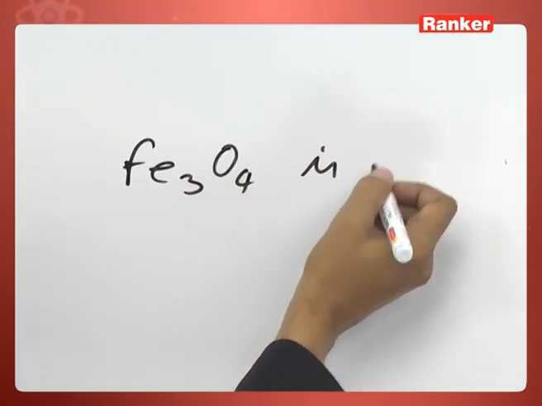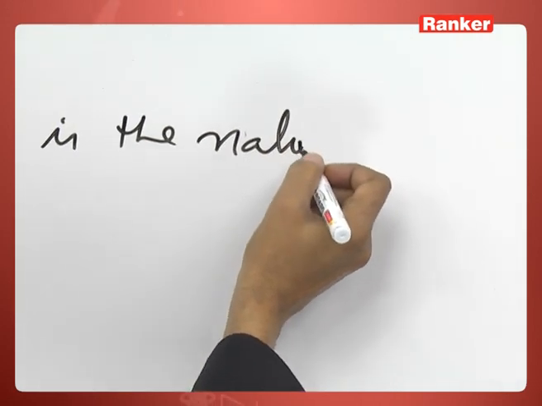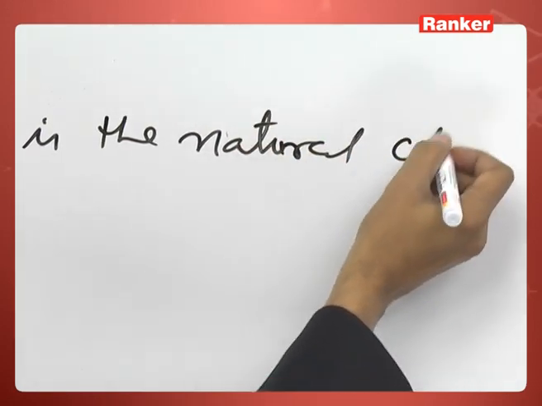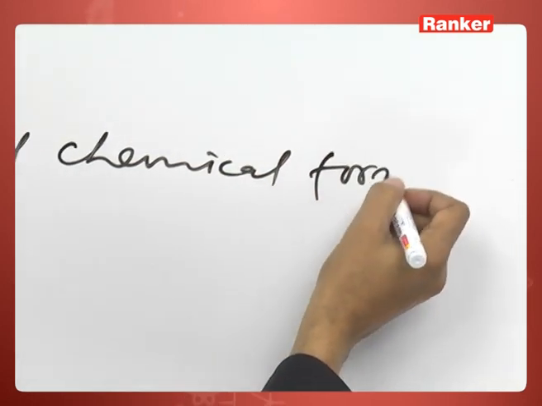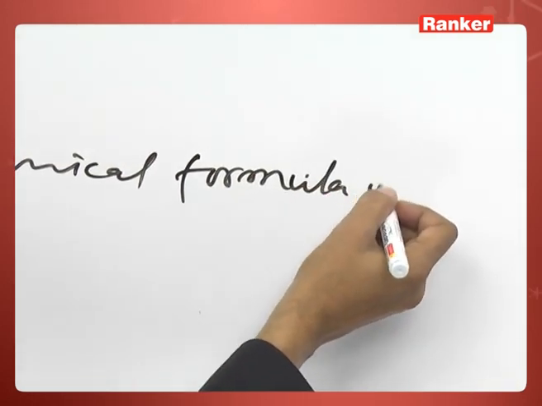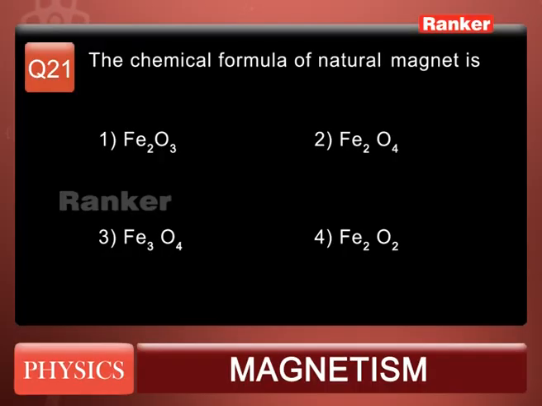Fe3O4 is the chemical formula of the natural magnet. So the answer is option number 3.